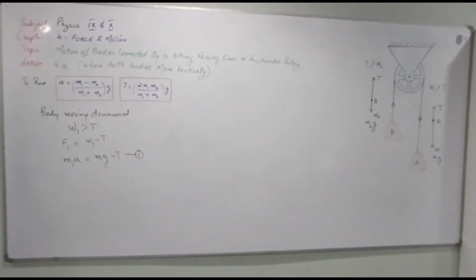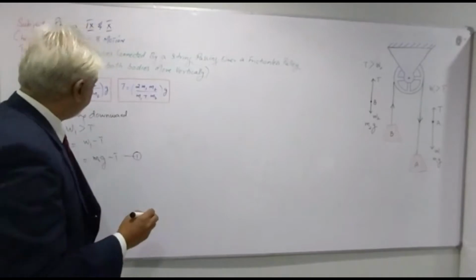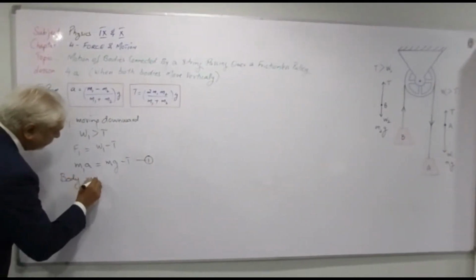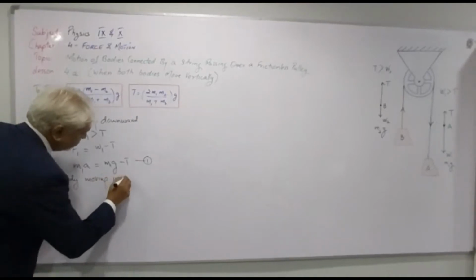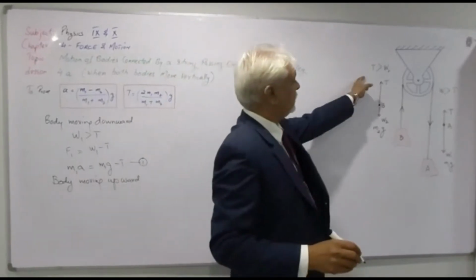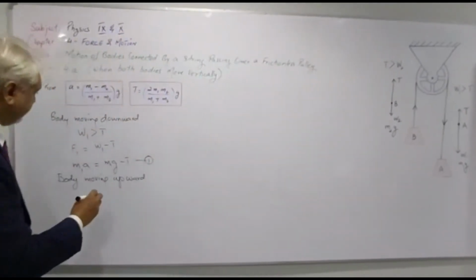Now, for the body moving upward, we know that the tension is greater than the weight W2 in this case.